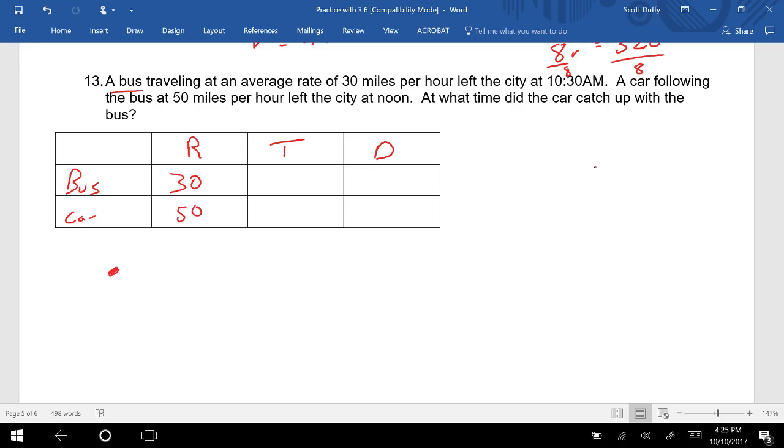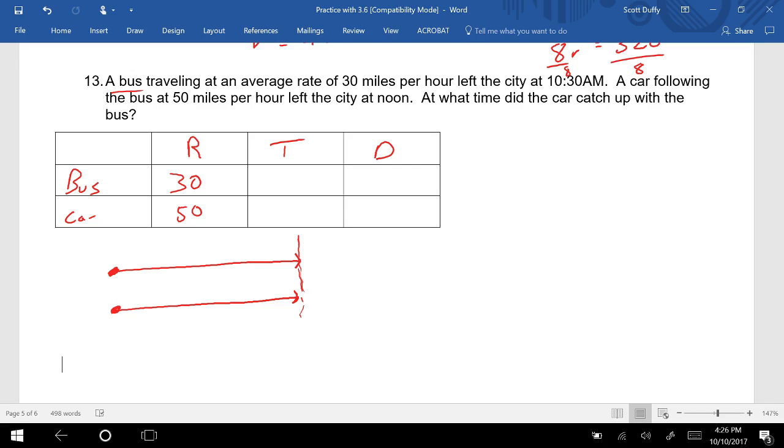Basically, the bus goes so far, the car leaves a little bit later, but it has to cover the same distance. At what time are they going to have gone the same distance?